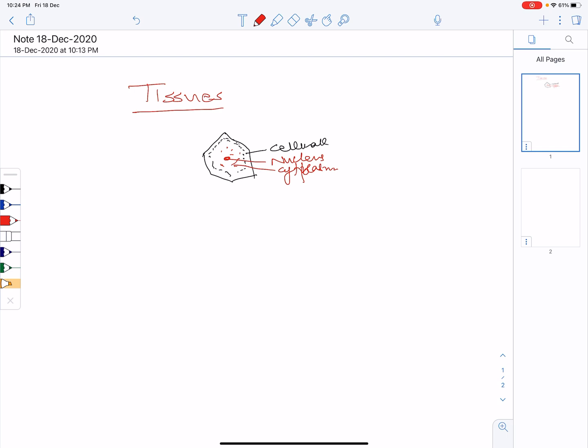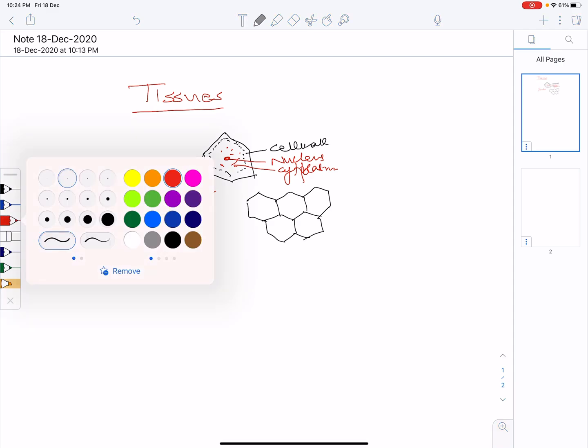Now, these cells, which are similar, will form a group and will cooperate with one another to perform a similar set of functions. So these cells will form tissues.